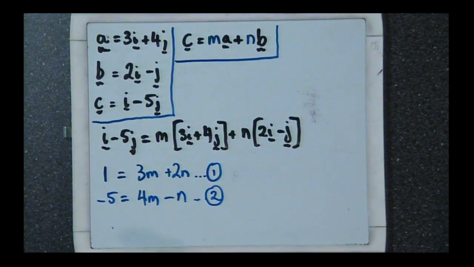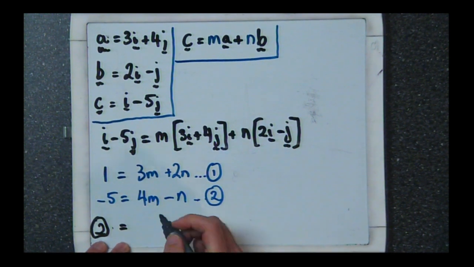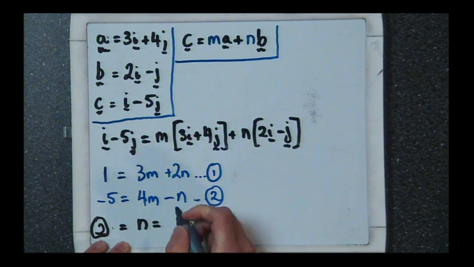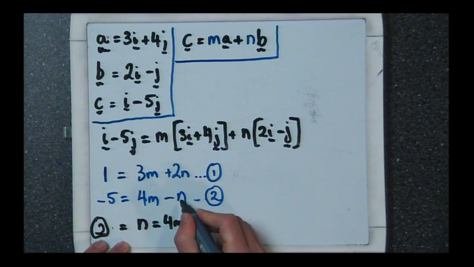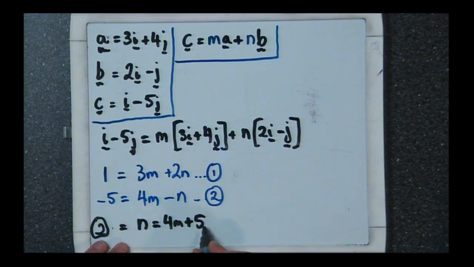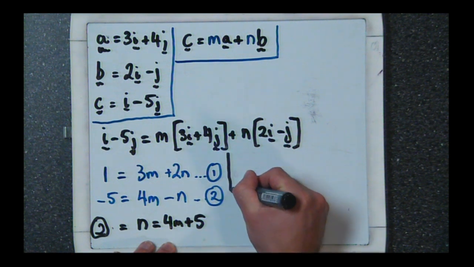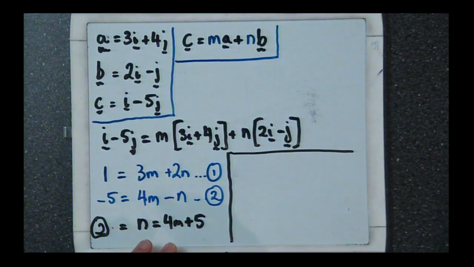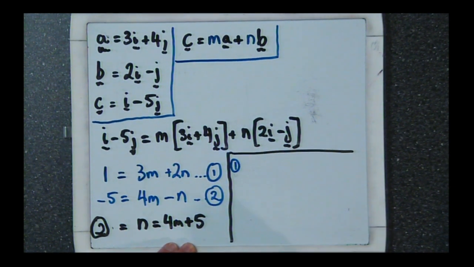Solving this simultaneously, from equation 2 we end up with n equals 4m plus 5, just a rearrangement of that formula. Then substituting into equation 1.